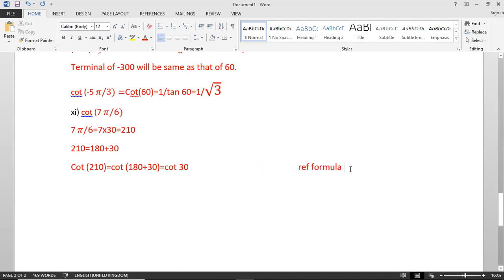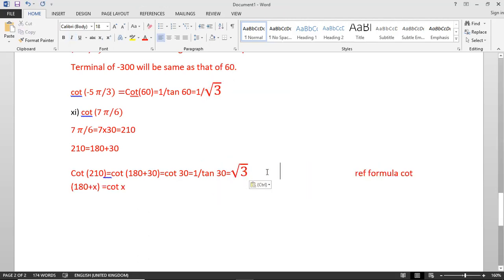So cot of 180 plus x equals cot of x. That is why the value of cot 30 will be 1 divided by tan 30, and the tan 30 value is one which we have to learn orally. Tan 30 is 1 over under root 3, but 1 over tan 30 will give you only under root 3. So this is how you can complete the question.